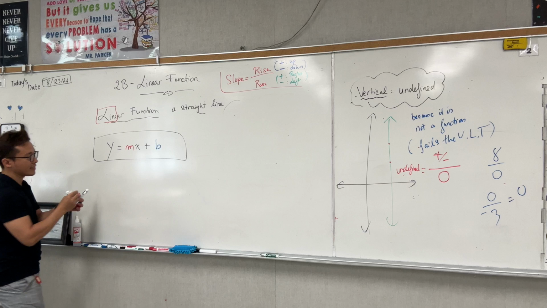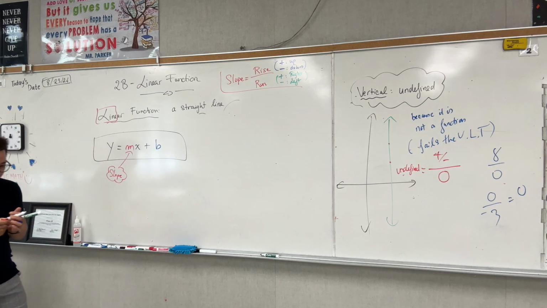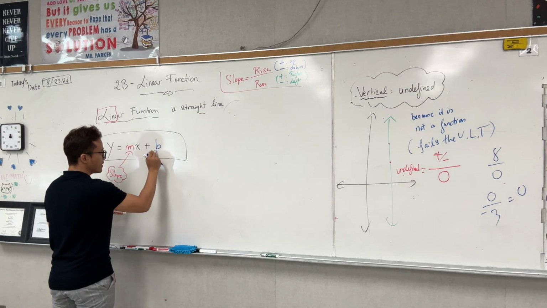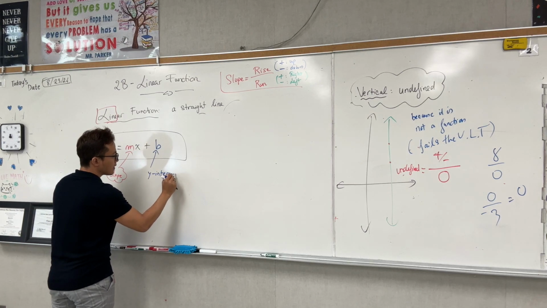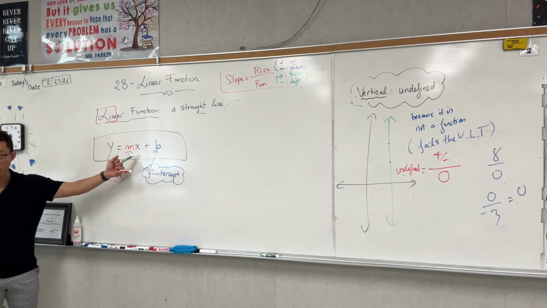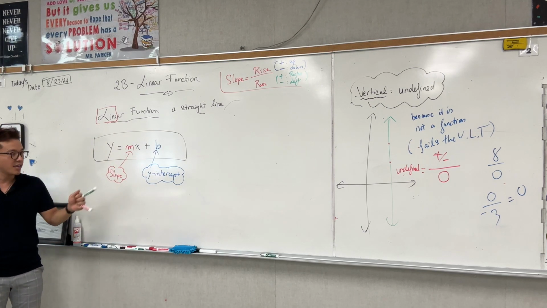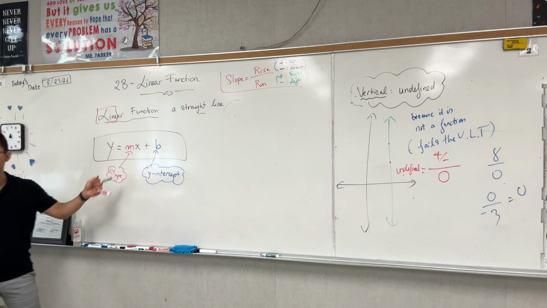m is slope. Very good. b is y-intercept. Very good. So based on these two pieces of information, when you have this form, you can tell two things. First, you can tell the slope. Second, you can tell the intercept. So can you guess what form this is?